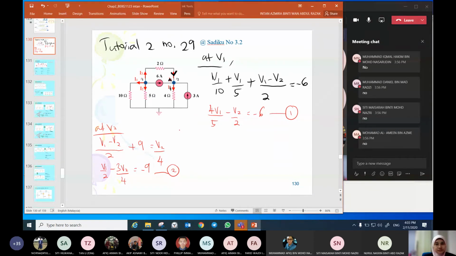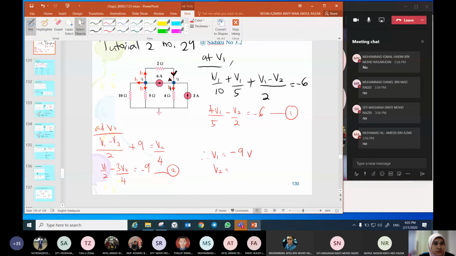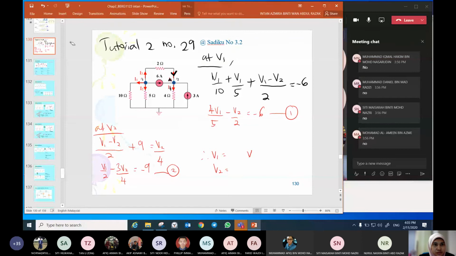So V1 is equal to berapa? Sorry, 12. V1 is equal to 12 volt and V2 is equal to... V1 is equal to 0, right?